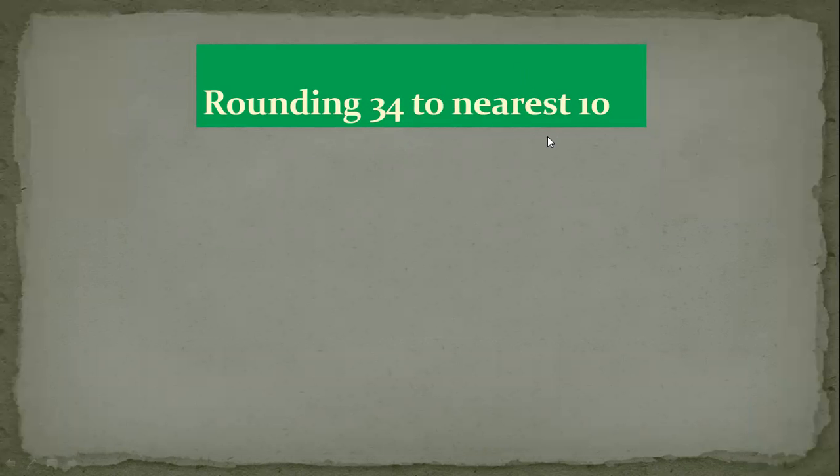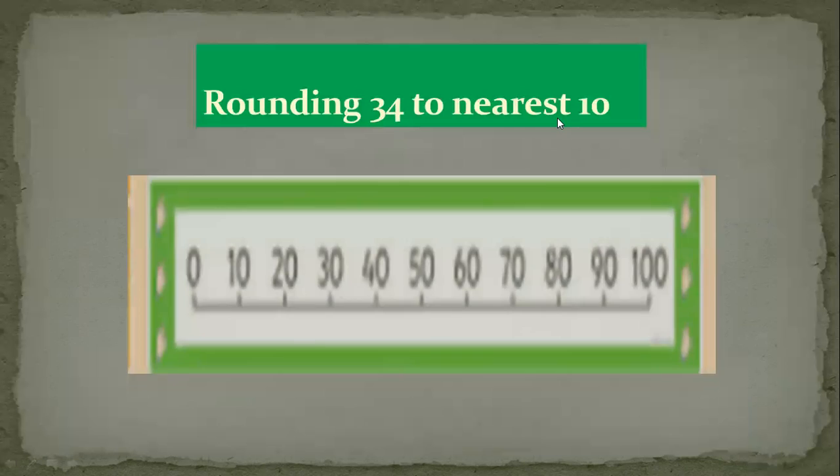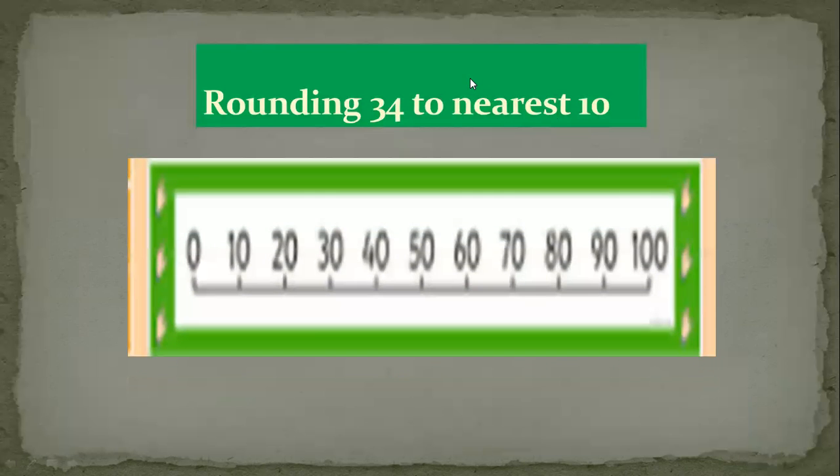Rounding 34 to the nearest 10. Where does 34 come? You can see in the tens, 34 is going to come between 30 and 40. You know what the midpoint of 30 and 40 is? 35.